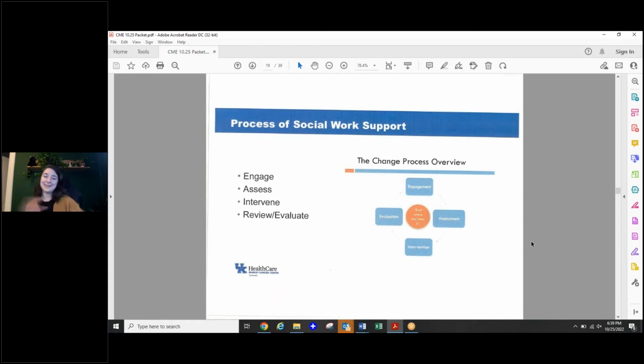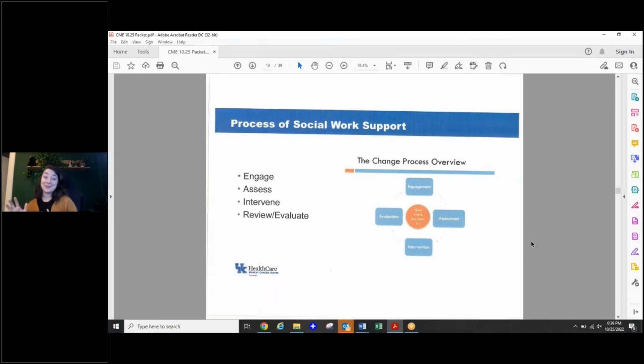And then into that, we begin to assess. What are the needs that are there? What are the concerns that we can help with, whether it be practical things like transportation, access to treatment, finances, whatever that might look like, or emotional concerns as well, whether it be social support, potentially interest in psychotherapy, that type of thing.